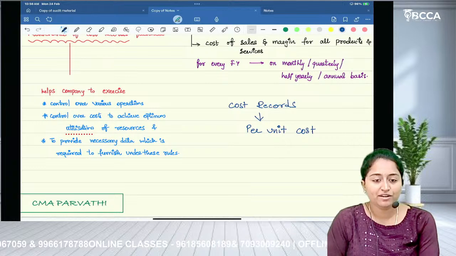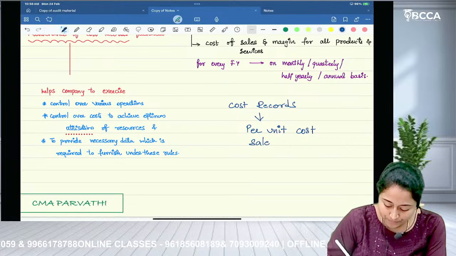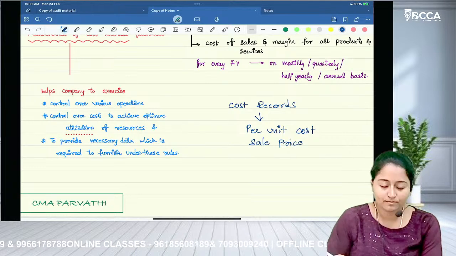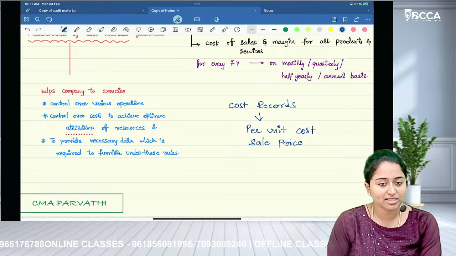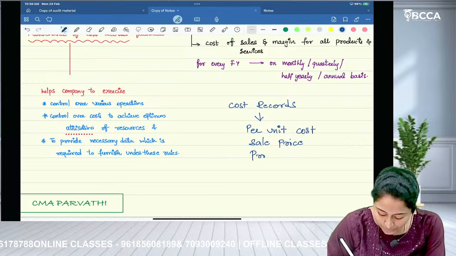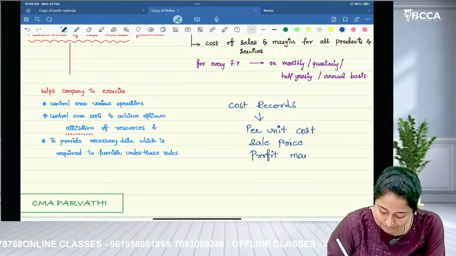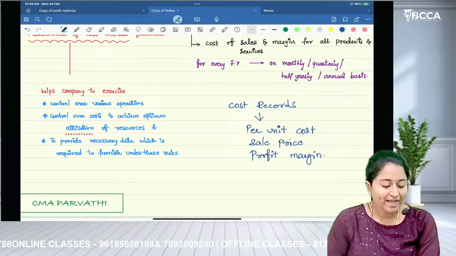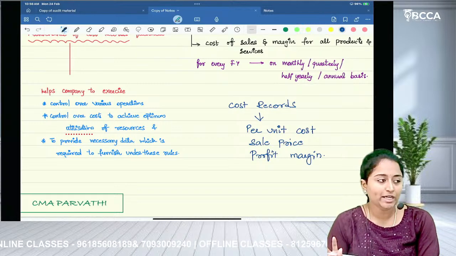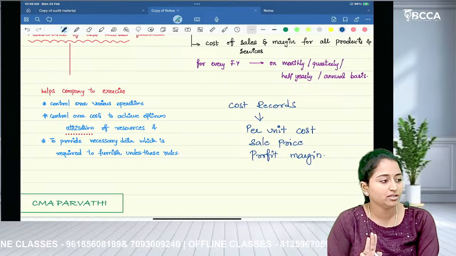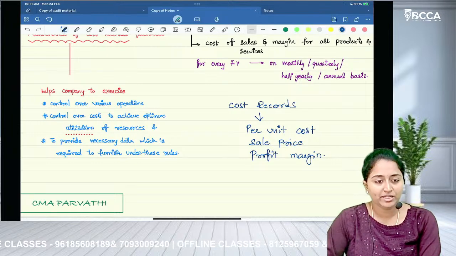With this, I'll fix what will be my sale value or sale price. And if there is a sale price, there will be some profit margin in that sale price, isn't it? So I'll fix what is the profit margin for me. And I can do it not only once. Whenever I want, I can do it quarterly, half yearly, annually, or on a timely basis whenever needed.